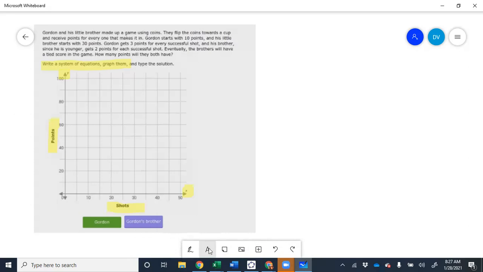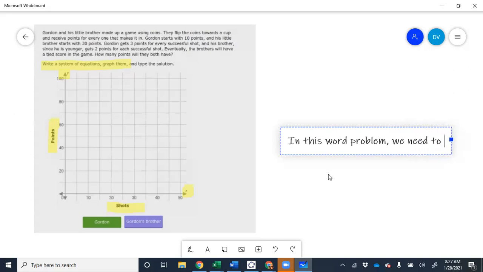And I just realized something. I can shrink these later. So in this problem, we need to find two unknown values.